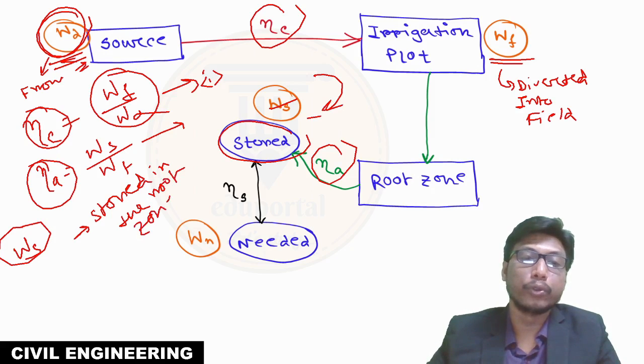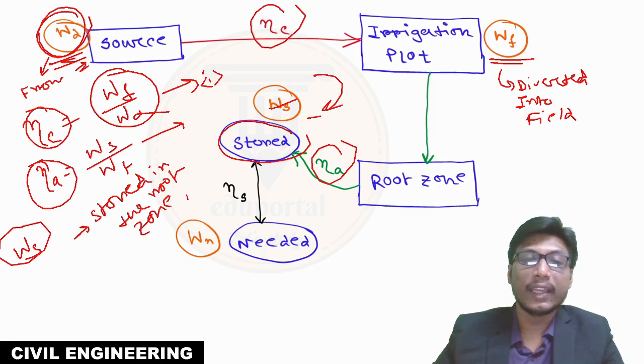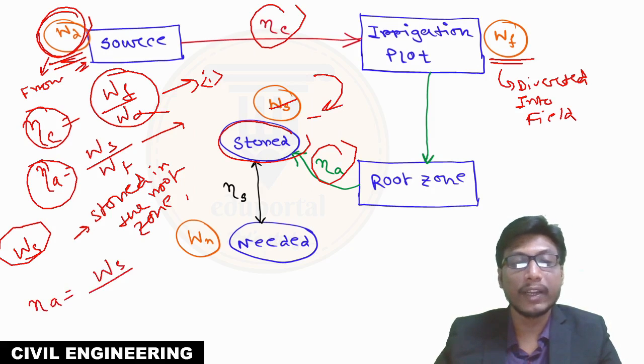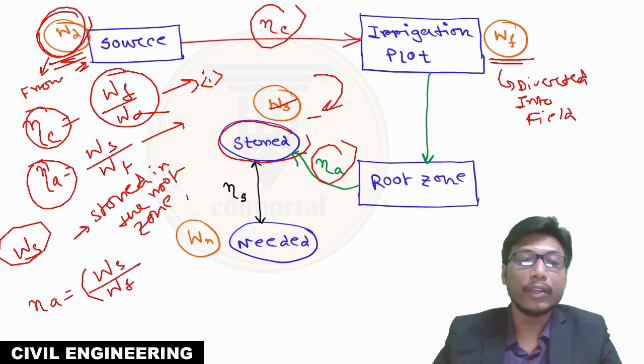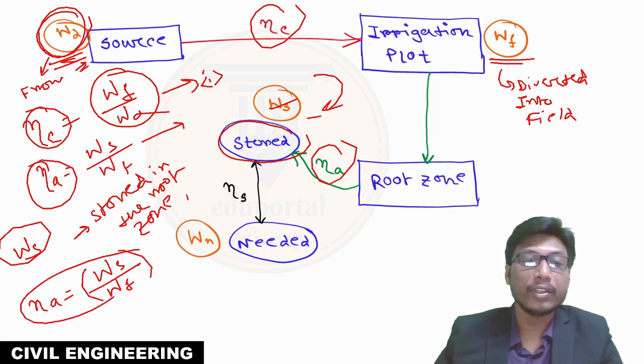In that case, eta A, the water application efficiency, is the ratio of water stored in the root zone divided by water diverted into the irrigation field. So this is water application efficiency.